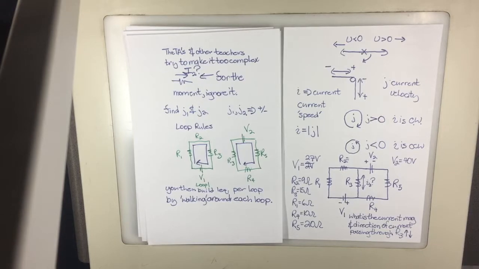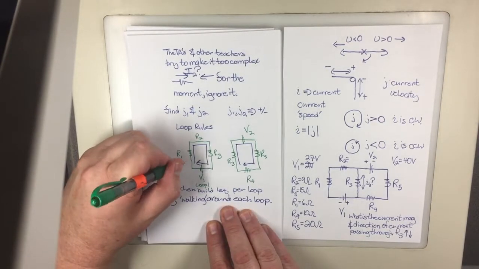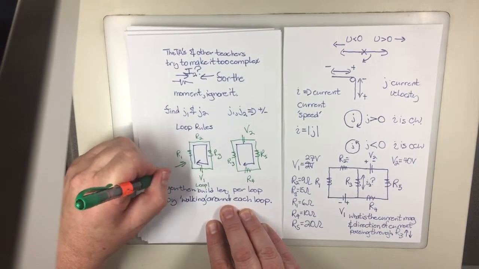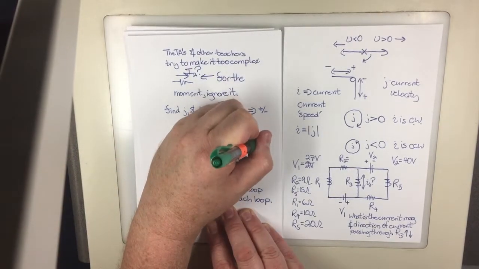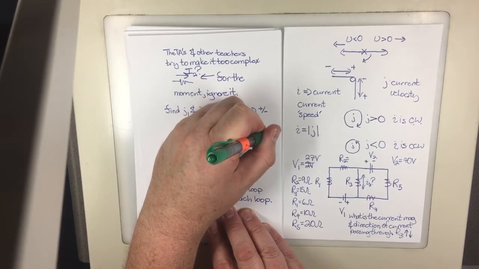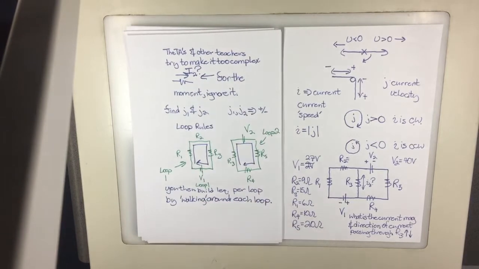So this is loop 1, and then this is loop 2. We'll only be doing 2 loops for these types of problems. If I was doing Cal-based physics, I could do 3 or 4 and we'd have so much fun. But we're not. It's going to be dull. Just 2.